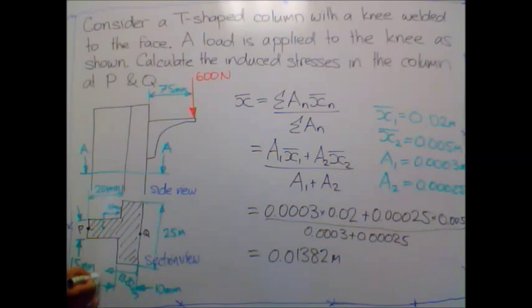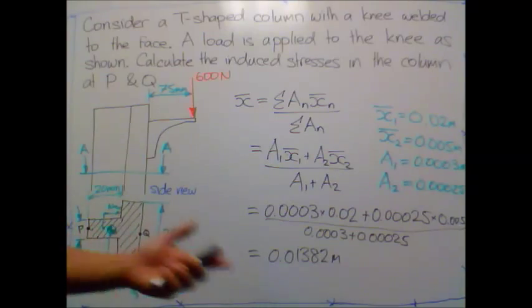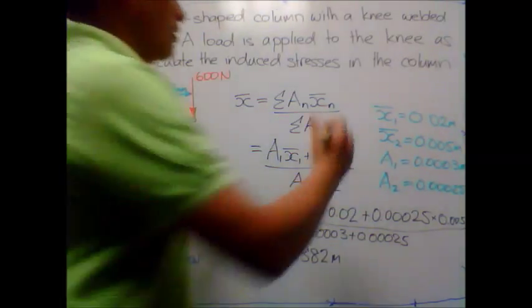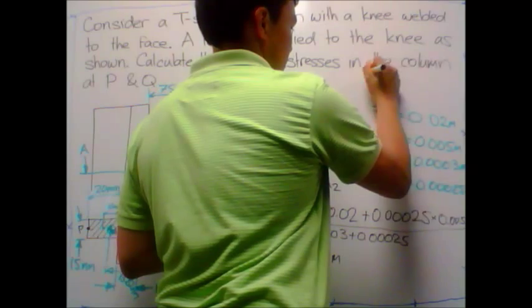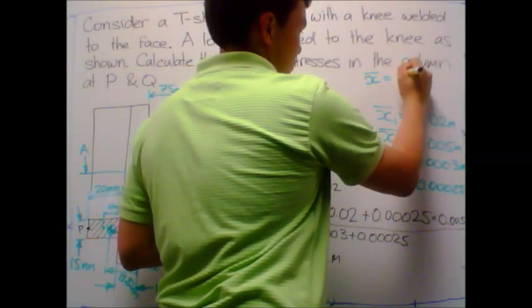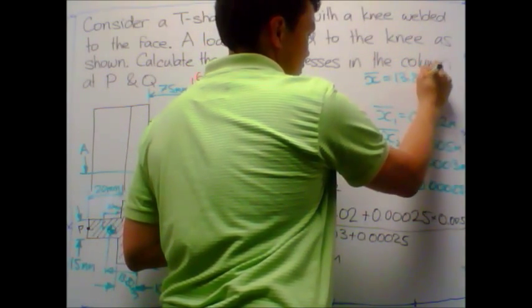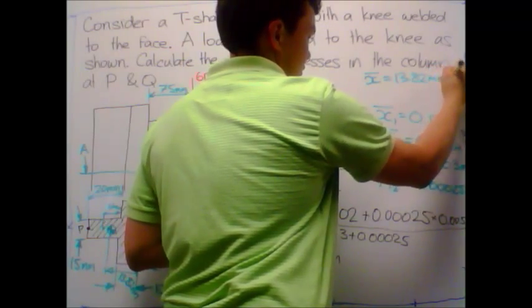So there is my centroid of my shape. I'll write this down here: x bar is equal to 13.82 millimeters.